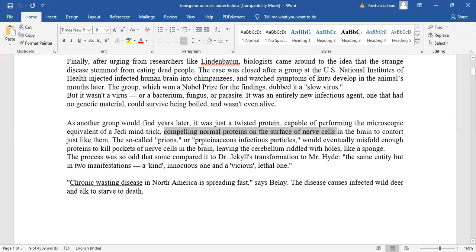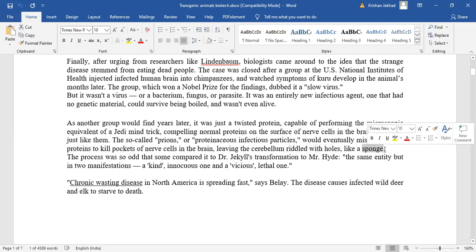Therefore the proteinaceous infectious particle would eventually misfold enough proteins to kill the pockets of the nerve cells in the brain and leave the cerebellum riddled with holes like a sponge.